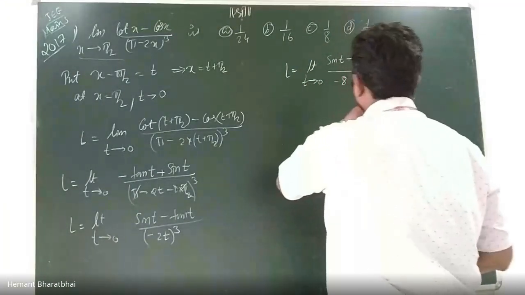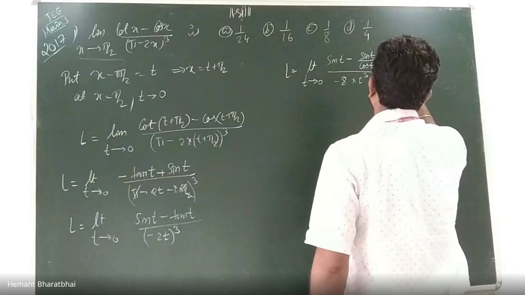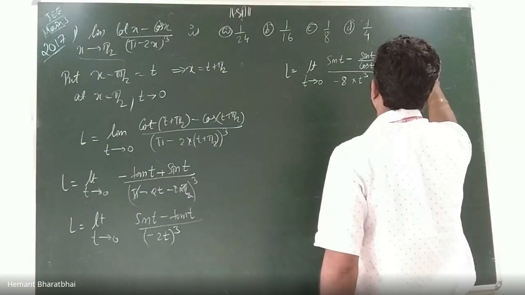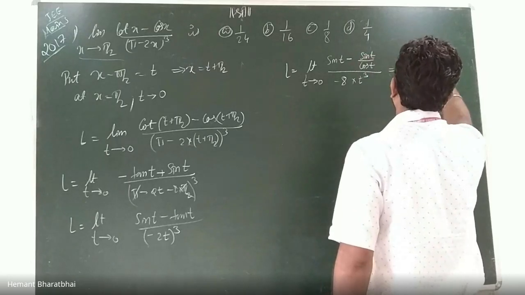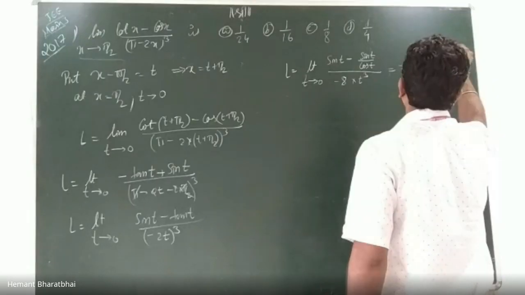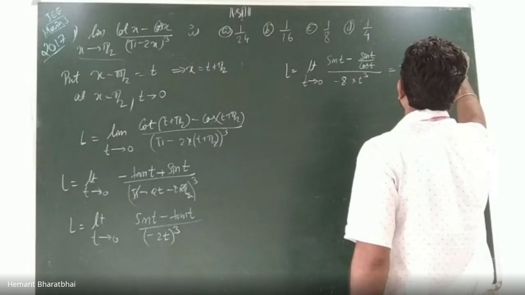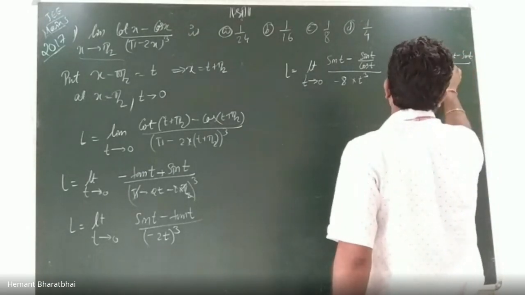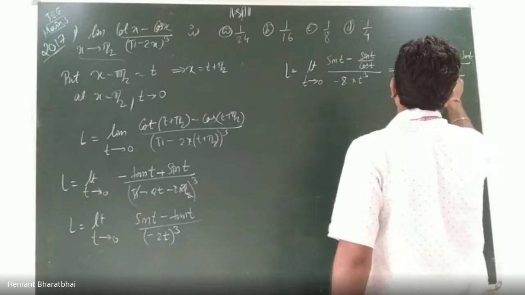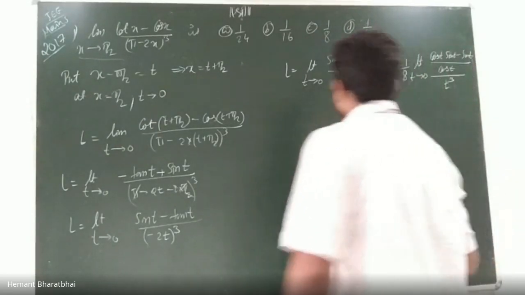So I take minus 1 by 8 out of the limit sign, so I get limit of t tends to 0. I'll equalize the denominator, so I'll get (cos t into sine of t minus sine of t) whole upon cos of t, upon t cube.